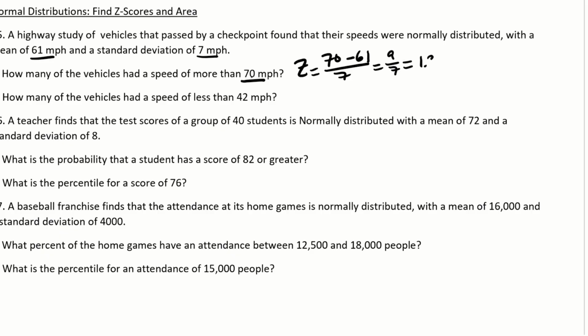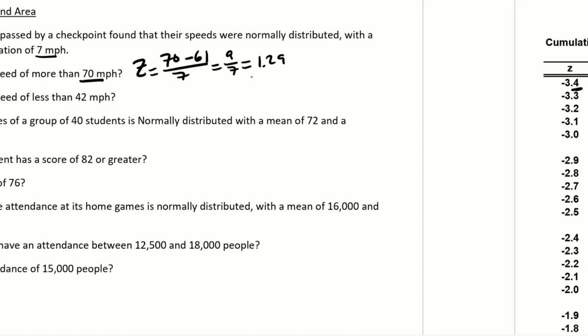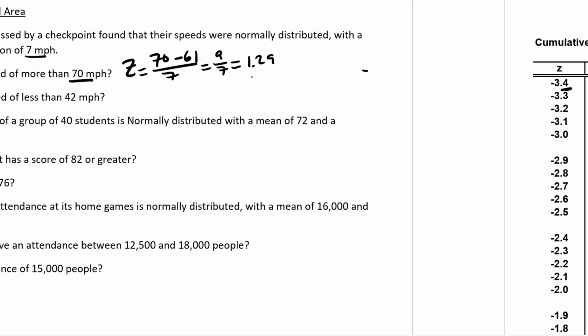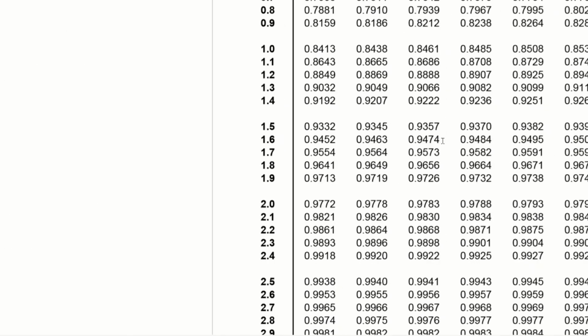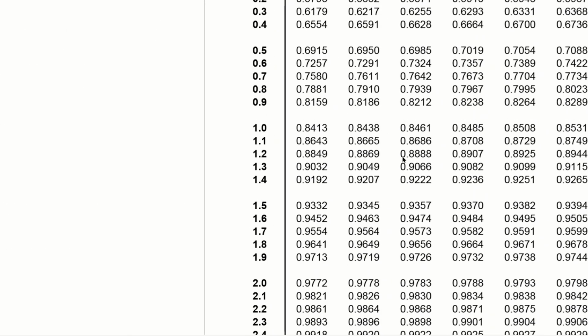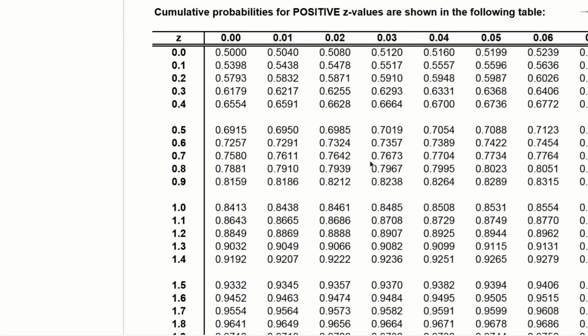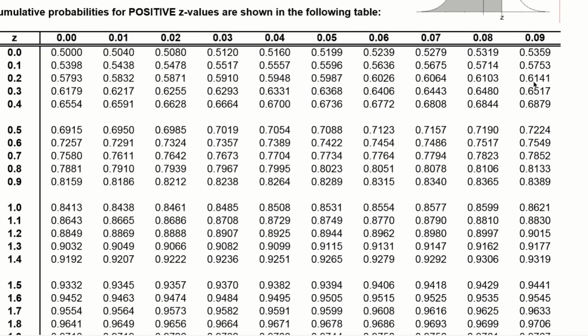So when we do our normal distribution, we start at 0, we go by ones, and we want 1.29, we want greater than. So we're going to look at 1.29 on the table. 1.29, that's 0.9015. Okay, 0.9015.